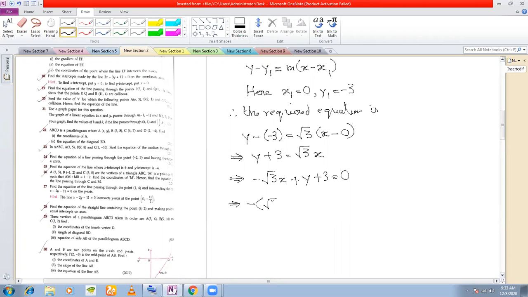You can leave your answer as -√3x + y + 3 = 0 also, no problem, you'll get full marks. But still, multiplying by -1, you get √3x - y - 3 = 0. So this is your required equation of the straight line. I stop here for today.